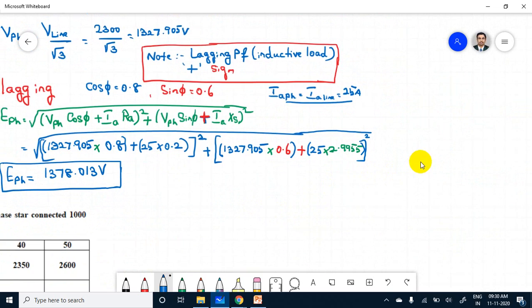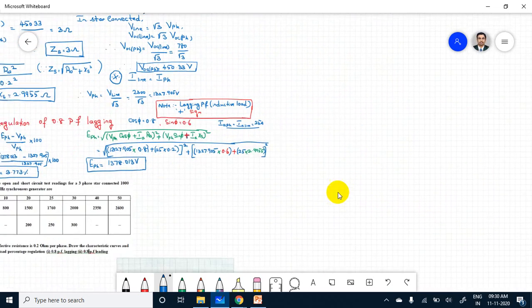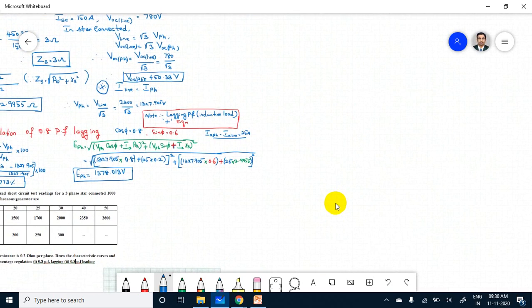Okay, so subdivision 2. What is the second subdivision? We have to calculate voltage regulation for 0.8 power factor leading.